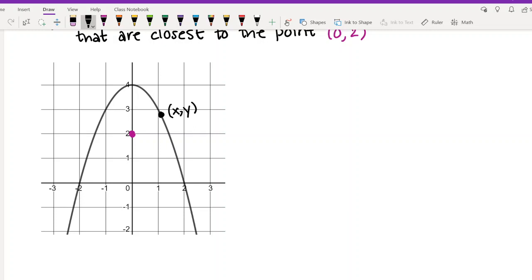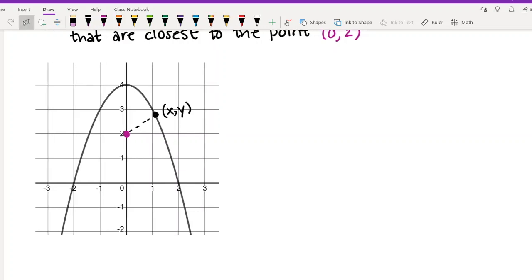I'm not saying that this is necessarily that exact point, but we're looking for some point on this parabola that is as close as you can get to this point in purple. A point down here would be a lot further away, right? So somewhere near where I drew it is at least around the correct thing. Up here would be even further away, right? So we're looking for the point that is as close as you can get to the point 0, 2 while still staying on the parabola.